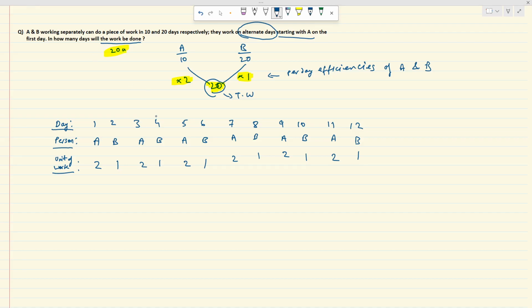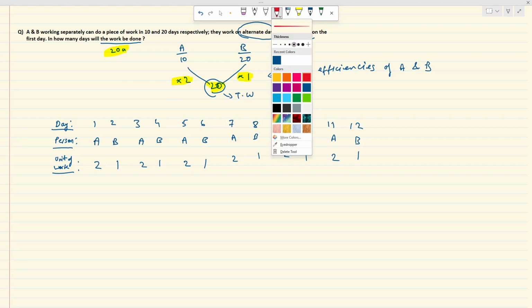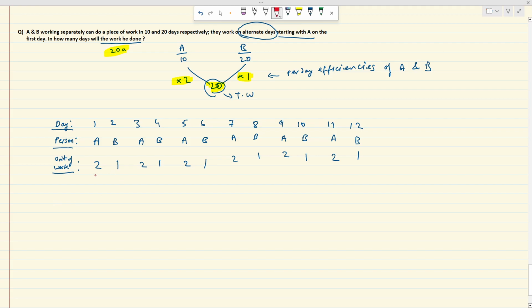So let's calculate how much work has been completed till now. Before calculating that, notice that since two persons are working alternately, 2 days is equivalent to one cycle.